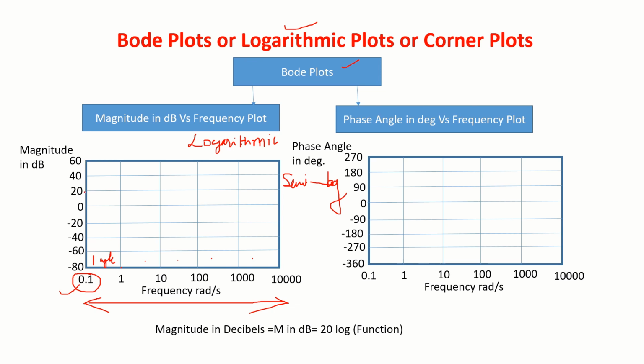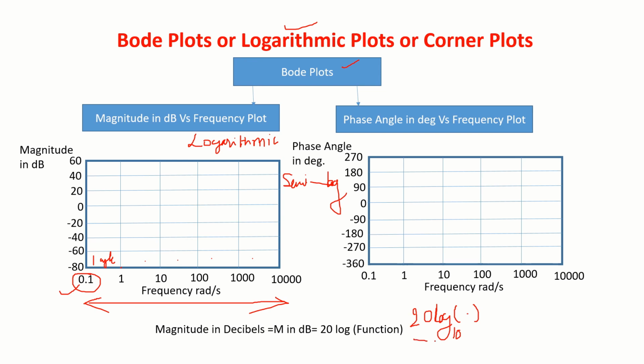Here we mark magnitude in decibels. Suppose you take any value, parameter, to convert that value into decibels, take log of this value to the base 10 and multiply with 20.